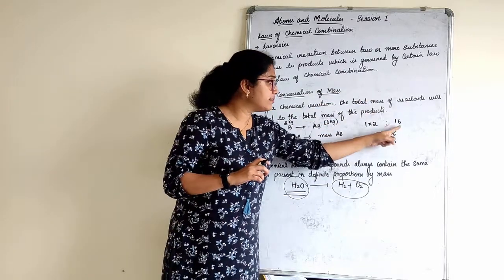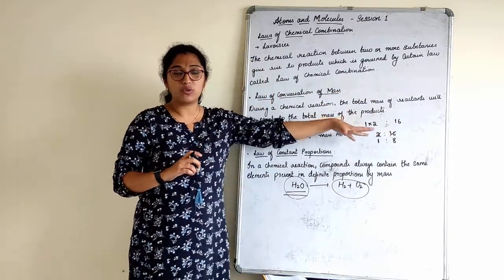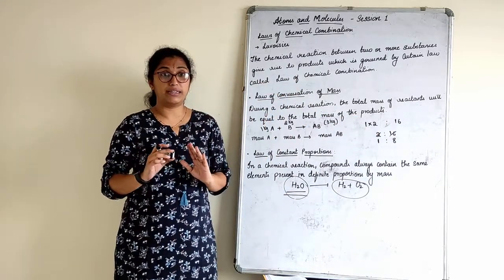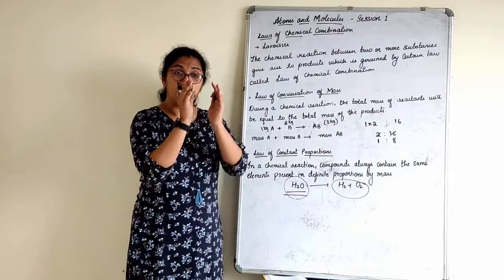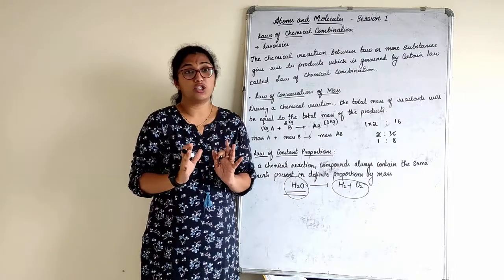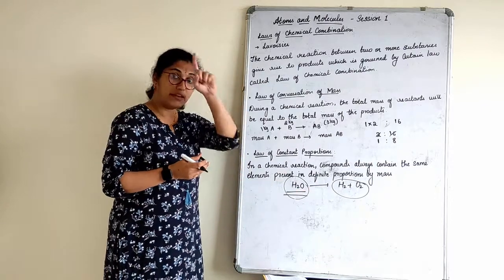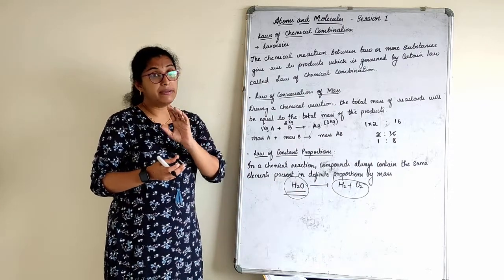See, don't break your head over how 16 came, how 2 came. Mass you will study later. The mass of certain elements you will come to know later in this chapter. But the mass concentration will be in that ratio only. Simply, 2 atoms of hydrogen and 1 atom of oxygen will make water.